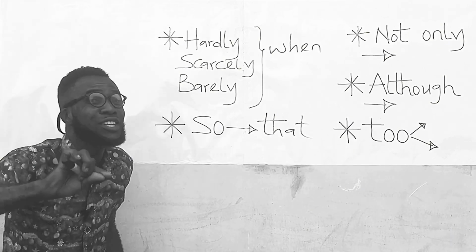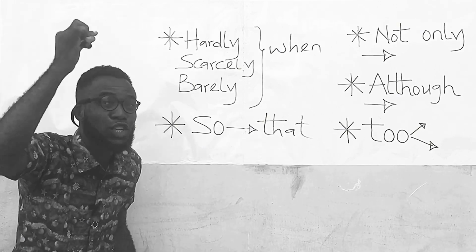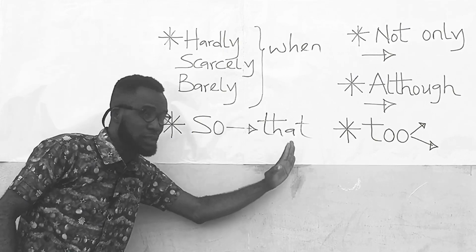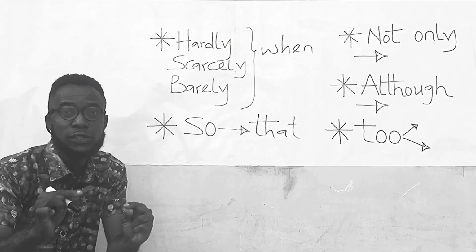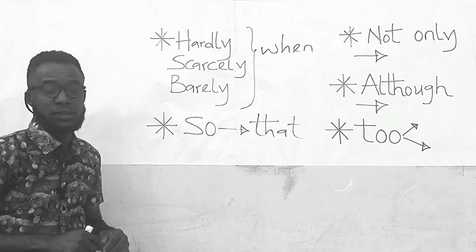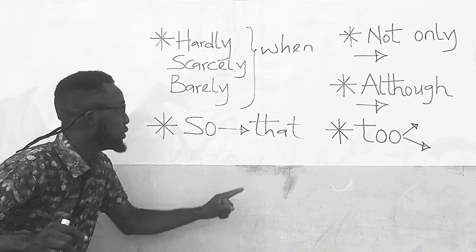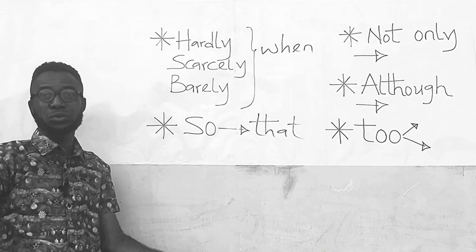Also, if an English question contains the word that, then the gap in the question should be filled with the word so. So that. They collocate with each other. For example, so great was the program that it was talked about for days. Another example, she was so hungry that she finished the food. I believe that is understood.